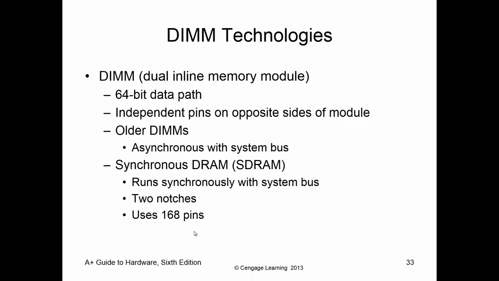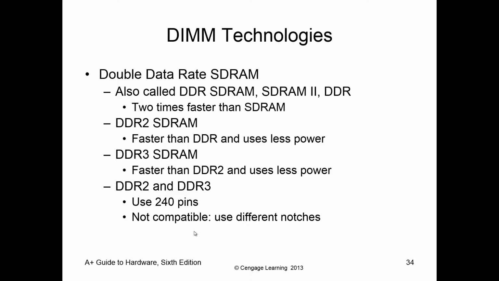While older DIMMs were asynchronous to the system bus, our SDRAM ran synchronous with the bus. And that is everything running at a standard time. So again, we had our synchronous dynamic RAM that we needed faster and faster, hence the double data rate, DDR.